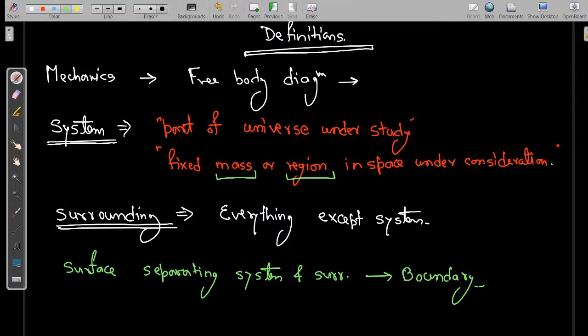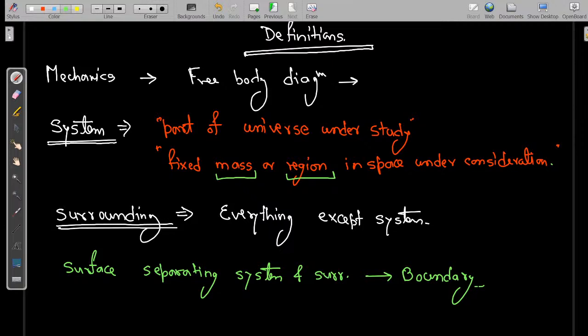Okay, so basically we discussed three things. First one is system, what is a system. Second is what is surrounding, and what is a boundary. Okay, system is any fixed region or space which we have taken into consideration for study. Surrounding is whatever is remaining in the universe except the system is called surrounding.